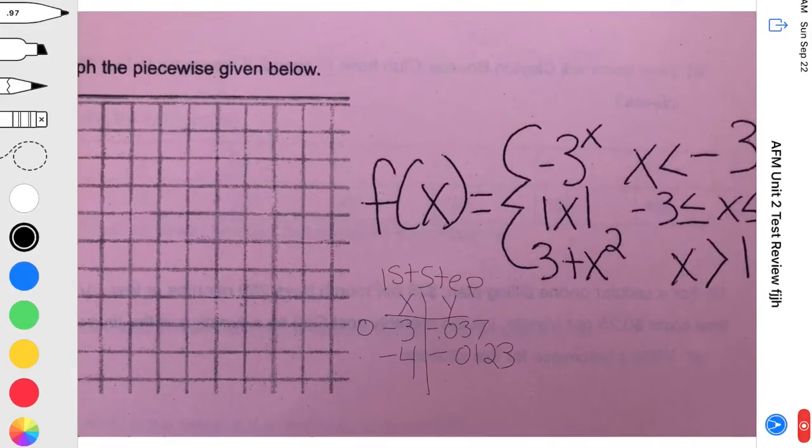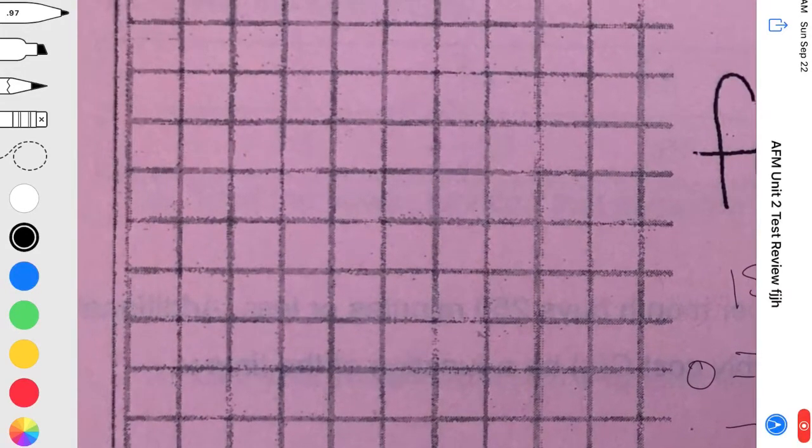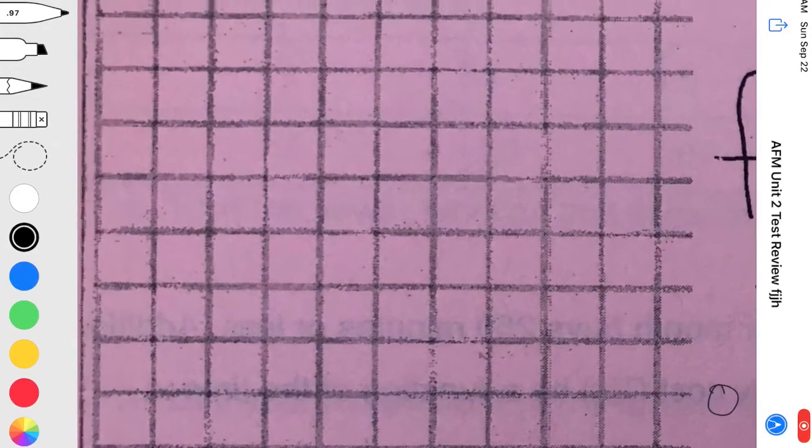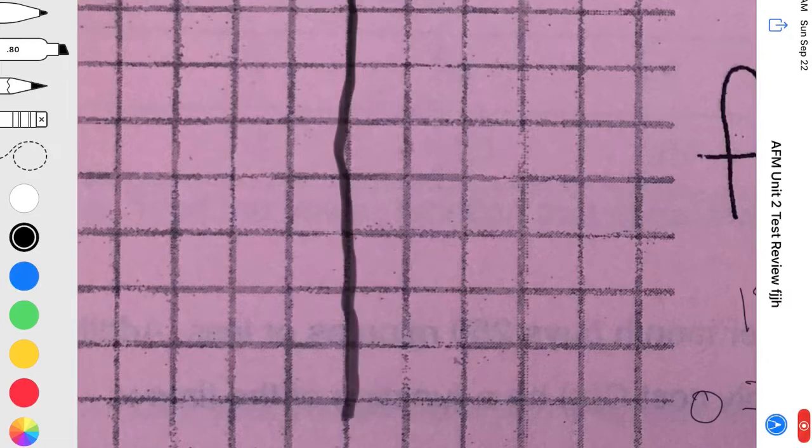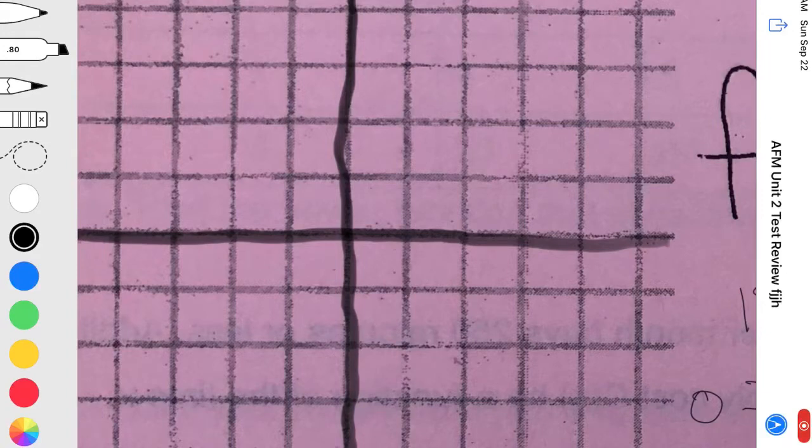So let's go to our graph. I'm going to make it a little bit thicker. So 1, 2, 3, 4, 5, 6. So there is our x and our y axes.